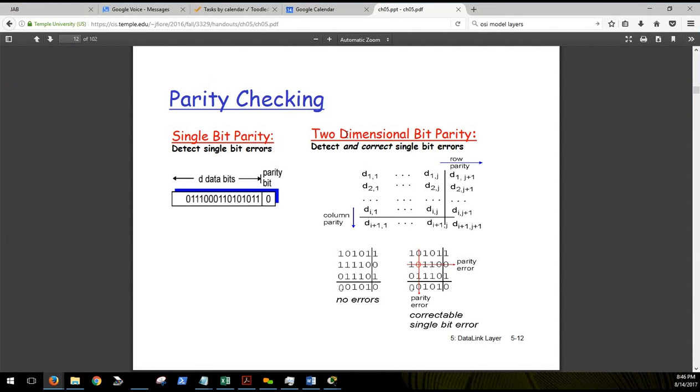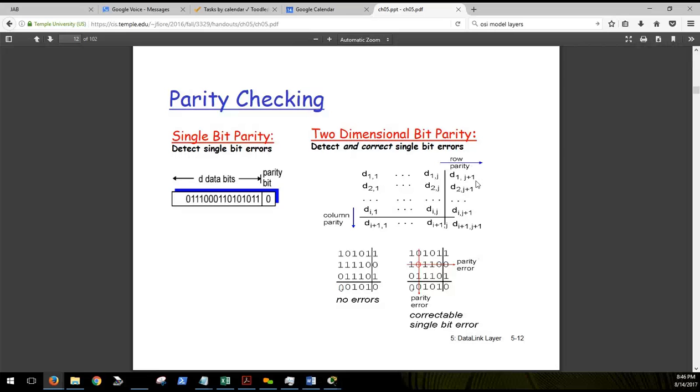Next, we have something called two-dimensional bit parity. What's nice about two-dimensional parity is, number one, it allows us to not only detect that an error has occurred, but it also allows us to correct certain errors. Not all errors, but some errors.